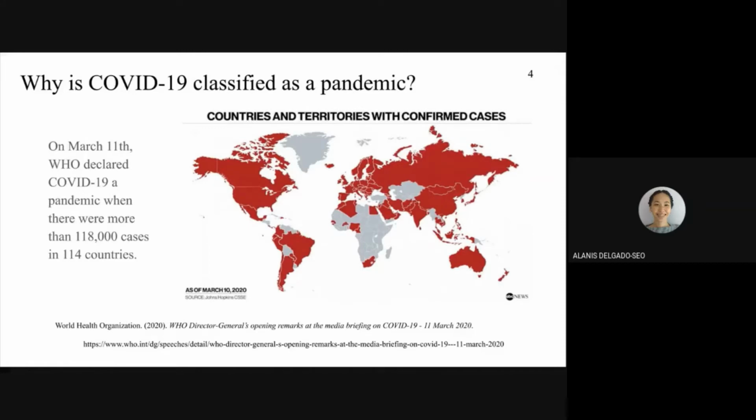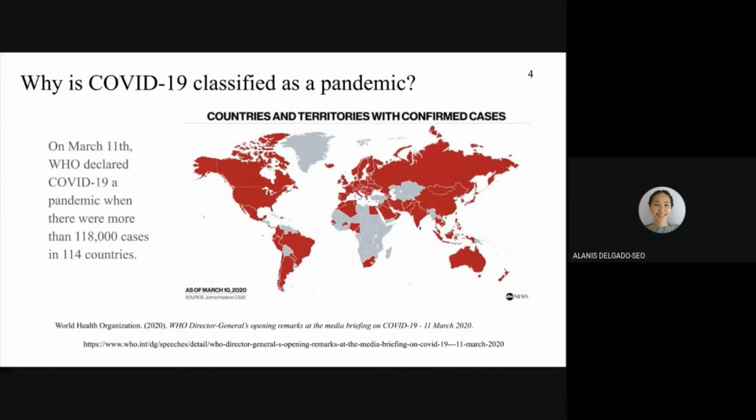Another reason why they were so reluctant was that the last time WHO declared a pandemic was during the Spanish flu in 2009, which was a decision that was really criticized for creating unnecessary panic.